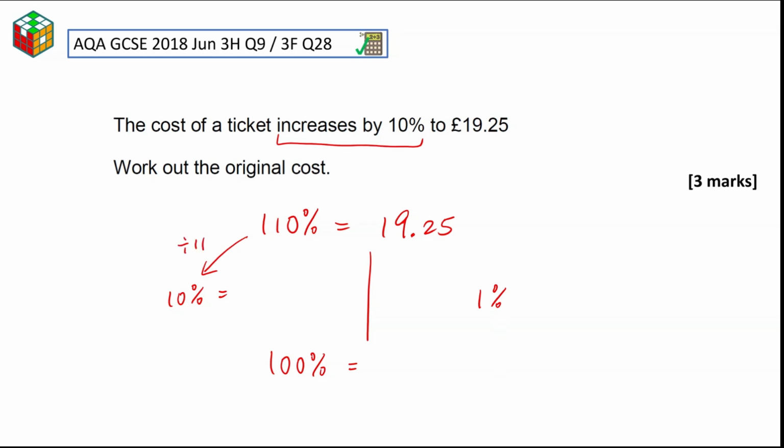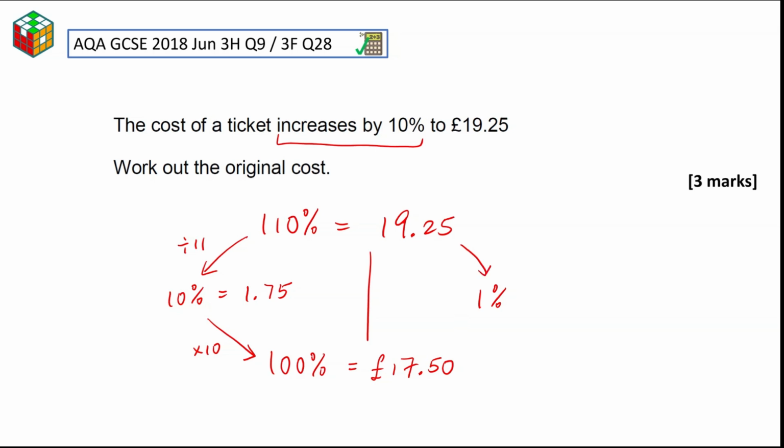So I'll use 19.25 divided by 11. It gives me 1.75. Then to make 10 into 100, I times it by 10. So times it by 10, it will be 17.5. Remember, for money, you need 2 decimal places, so 17.50.